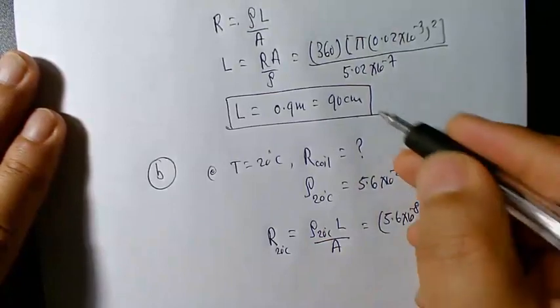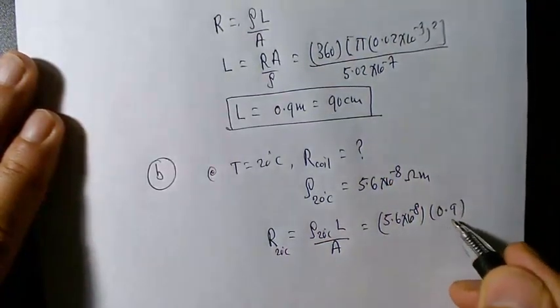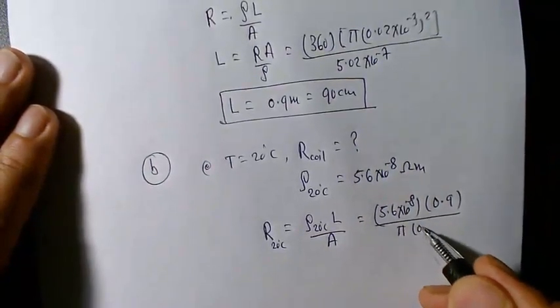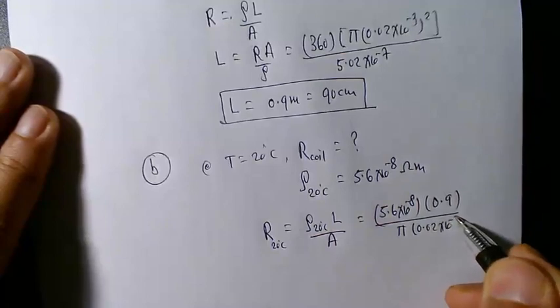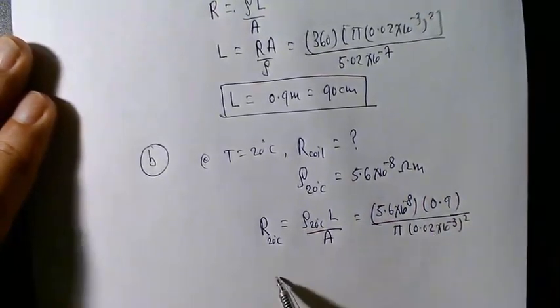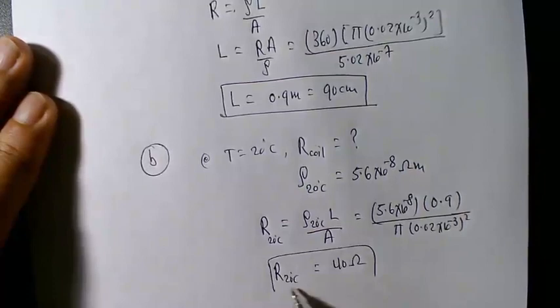The length we calculated from part A remains the same, 0.9 meter, and the area is pi r squared, 0.02 times 10 to the power negative 3, squared. The area of cross section also remains the same, and if you do that, it's 40 ohms, right?